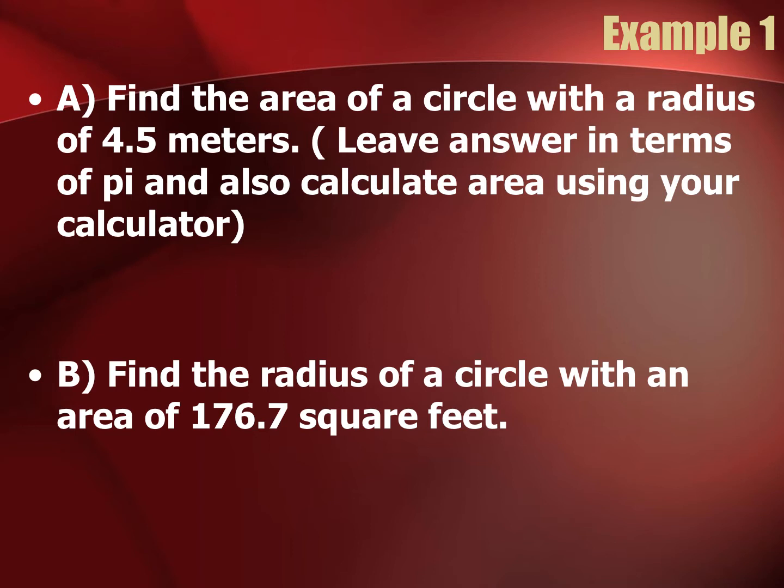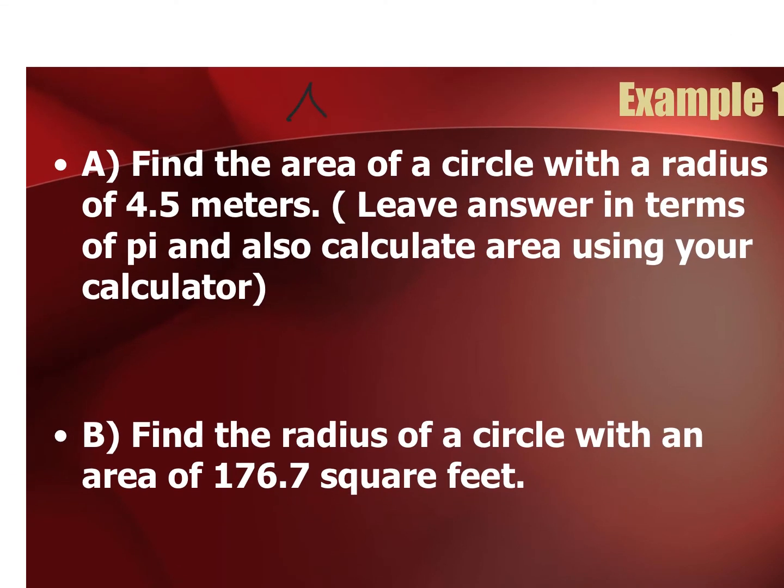So again, the formula that we're going to be using for these 2 questions is area is equal to pi times the radius squared. Now, if you'd rather memorize it as radius squared times pi, that's perfectly fine, because again, remember, multiplication is commutative.